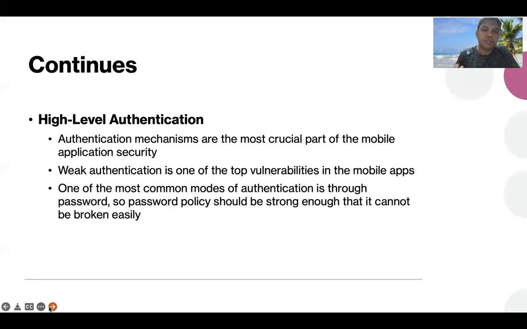So as a basic example of high-level authentication, for example, your password must have a minimum of 8 characters and above, and a combination of characters, special characters, and also numbers. That one is for authentication purposes.